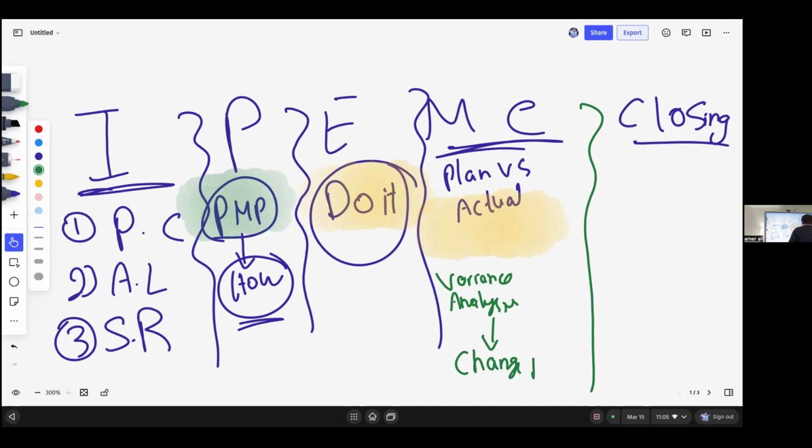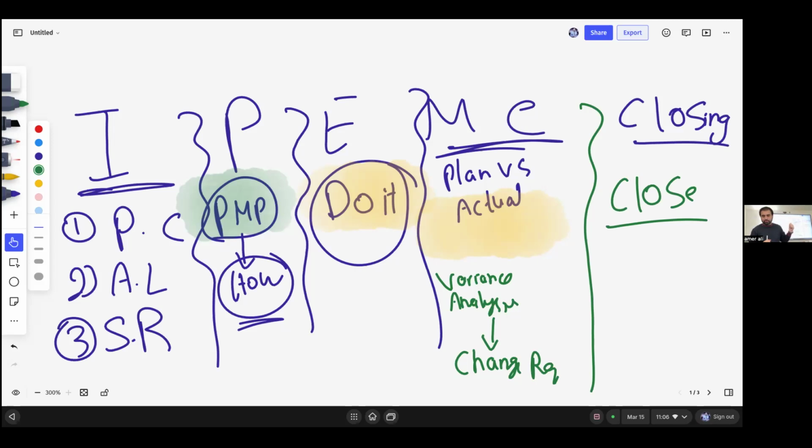And finally, once the work is completed, we close the project. These are called the five process groups. This is how we do work. We start something, then we plan it, then we execute, that is, work on it. Then in monitoring and control, we compare plan versus actual, and then we close the project. Take a screenshot of this.